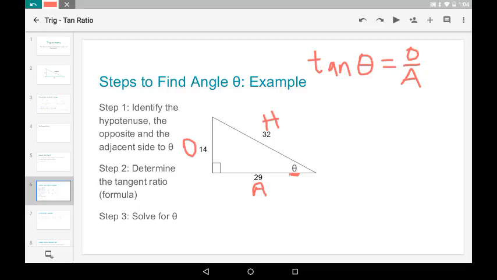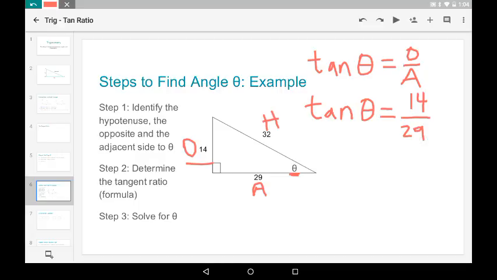That's our tangent ratio. The only things we know at this point are the lengths of the opposite and the adjacent side, so we can plug those in. Tangent of theta equals opposite, which here is 14, over adjacent, which was 29.